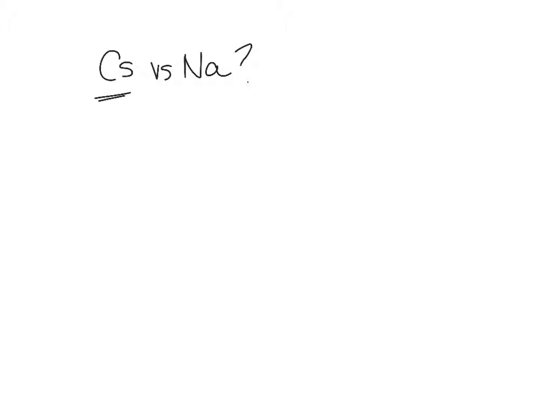So we say that cesium is more metallic than sodium because metals react to give up an electron. So on the periodic table, the elements on the left-hand side are more metallic in nature than those on the right-hand side.